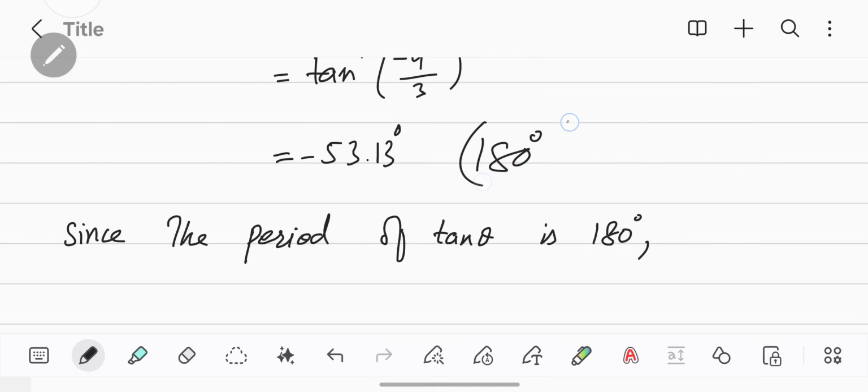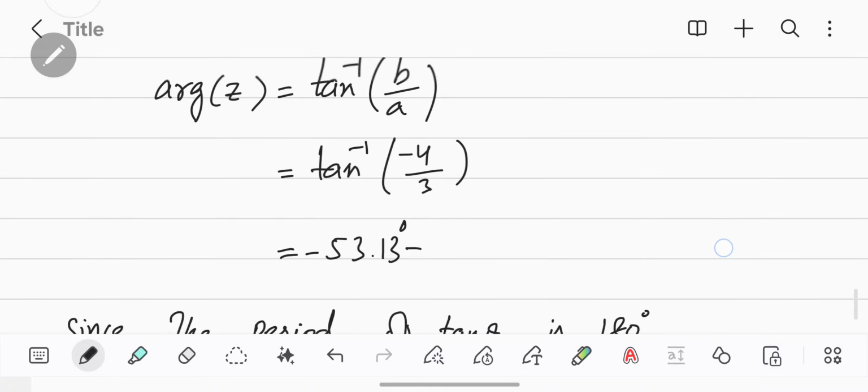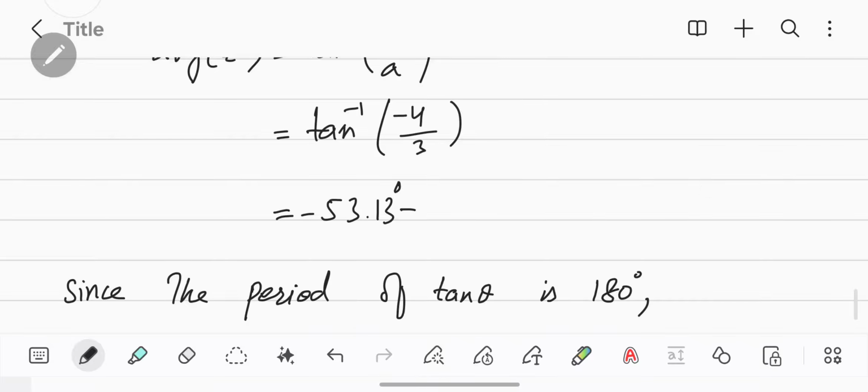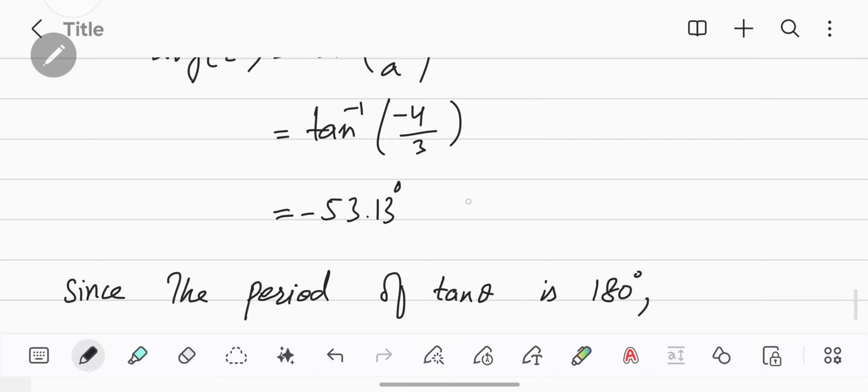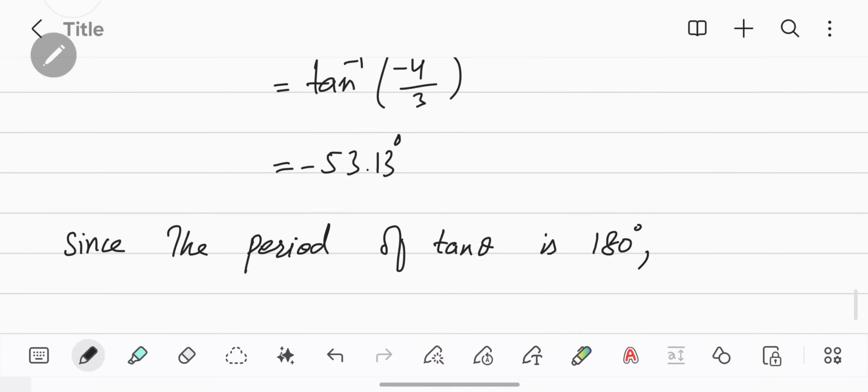Similarly, I can add 2 times 180 or subtract. Because the period is the number which you can add or subtract, and your answer will remain correct. That doesn't mean the answer is the same, it means your answer will be correct.